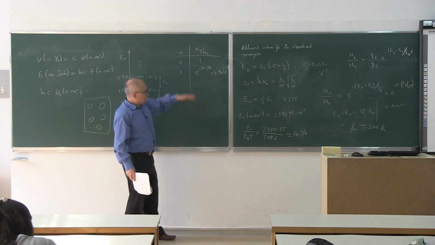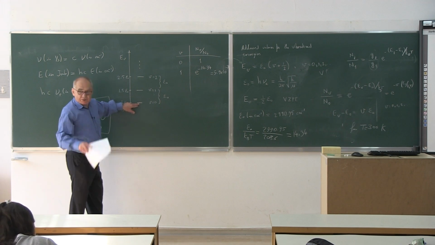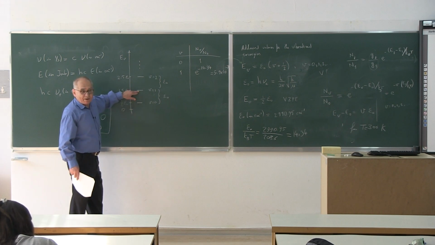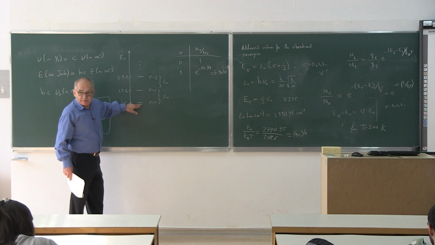What do you see here? If we assume the population of the lowest level is 1, relative to that, population of V equals 1 level is 6 times 10 to the minus 7. All right? It's a very, very small number relative to the lowest level.